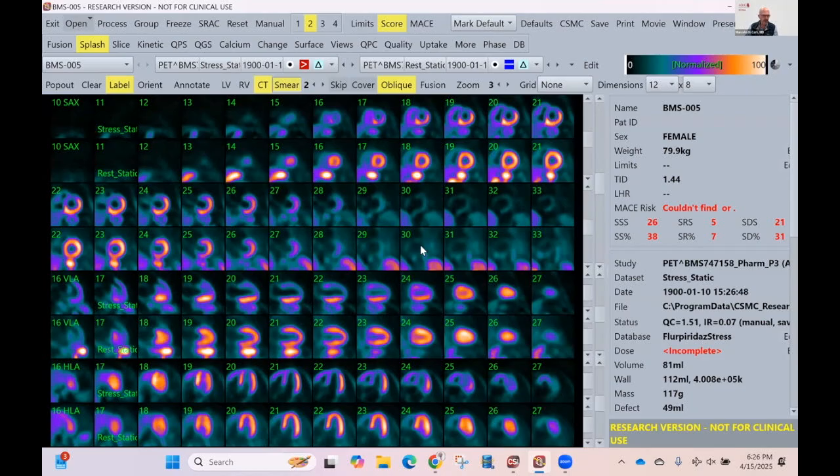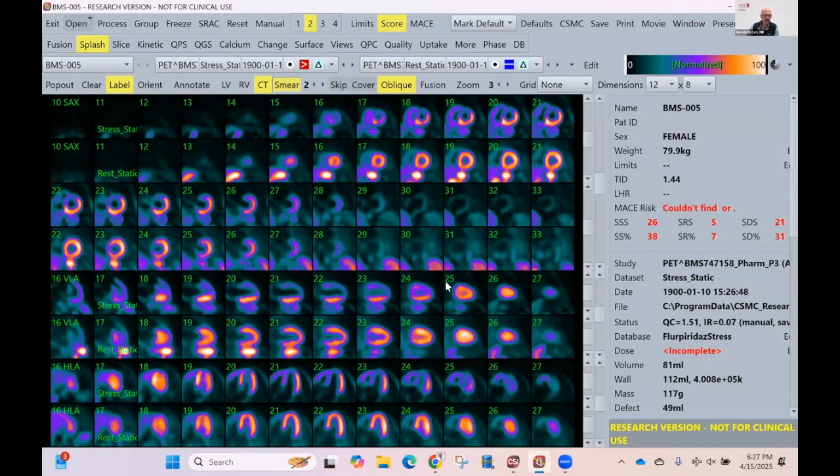And then the images show, like in the last case, a very, very large and severe perfusion defect involving the LV apex, the anterior and the anteroseptal wall from base to apex, and there is complete reversibility, again, consistent with severe ischemia throughout the proximal LAD territory.